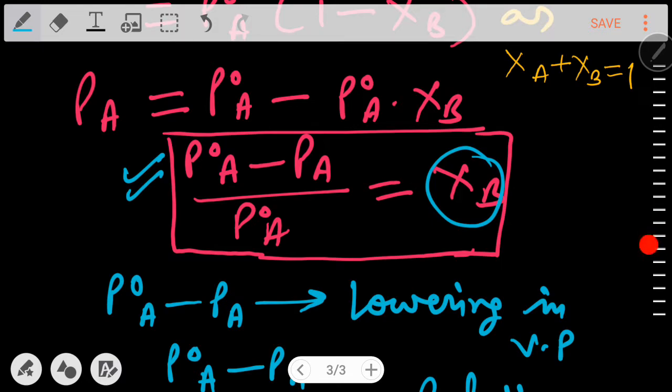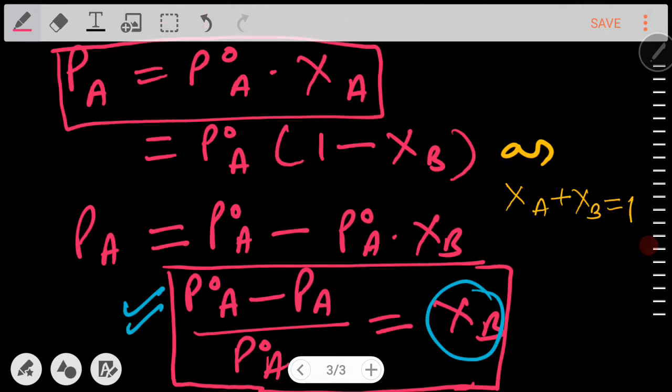This is another statement of Raoult's law. You can use any one of the equations for the numerical purpose. Any one equation can be used, you will get the same results.